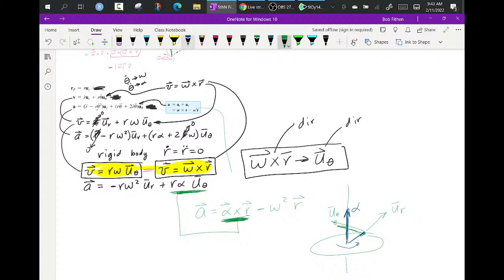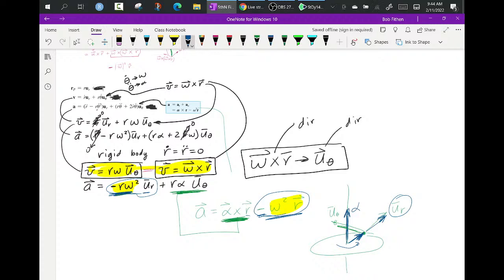Now, if you stare at this next one, it's pretty apparent this is the same exact thing. The vector r right here points in the same direction as ur. The scalar value becomes minus, well, there's a minus here. So in fact, these are both the same thing.